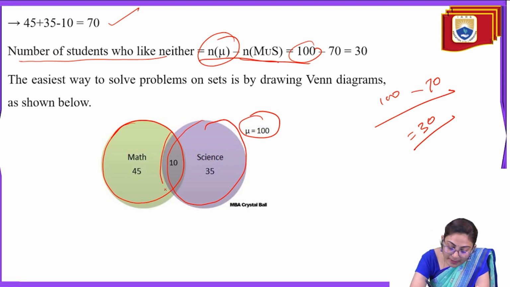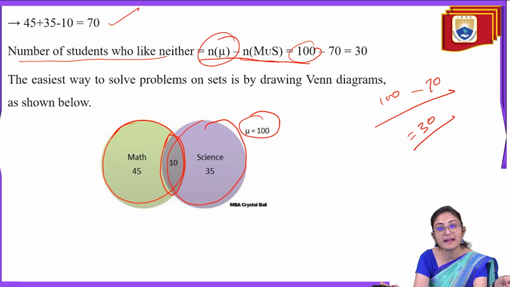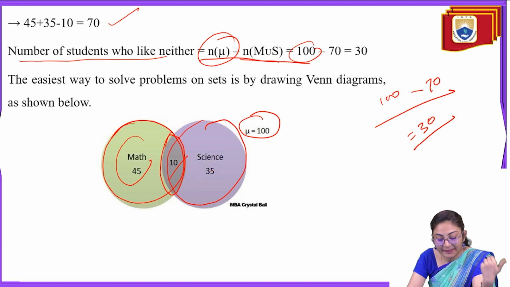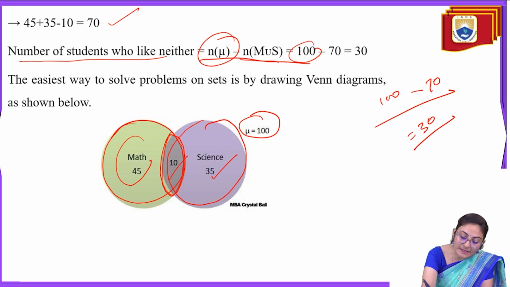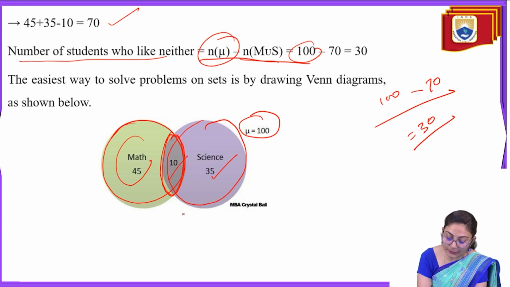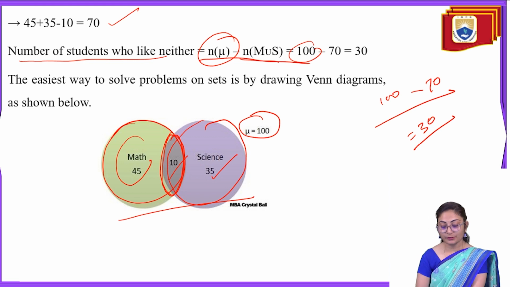From there, those who like both subjects, maths and science, are 10. So by using this, you can get your values. You can get your answer.